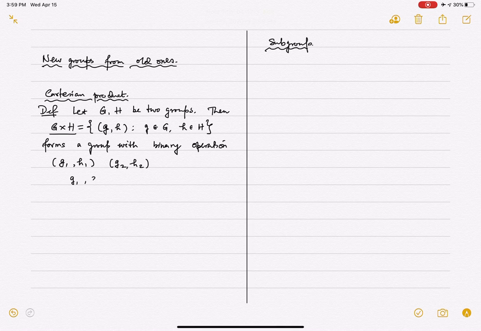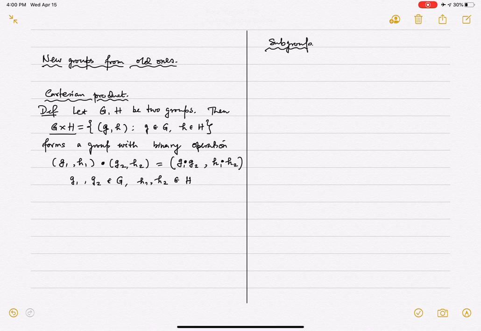So g1, g2 came from G, and h1, h2 came from H. And to combine them, you just combine the g's using the operation of G, and combine h1 and h2 using the operation of H. So this dot here between g1 and g2 is the group operation of G. This dot here is the group operation of H. And this dot on the left-hand side is the multiplication that I'm defining on G cross H.